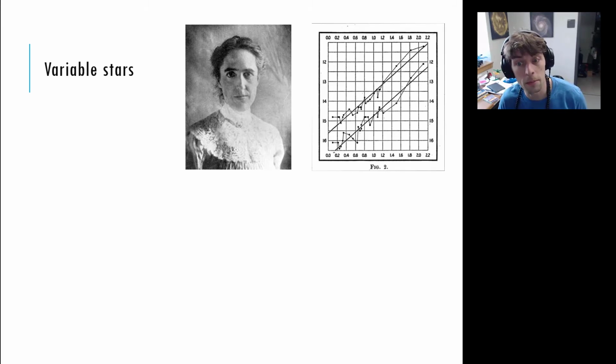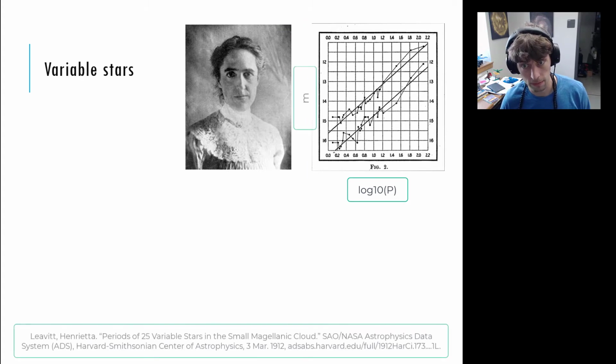We'll have to walk through these numbers. I believe that the horizontal axis is the logarithm of the period. Okay? So she decided to plot the logarithm of the period. The vertical axis is the apparent magnitude of the stars.